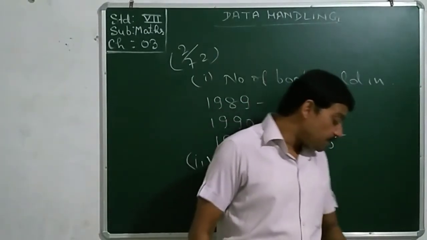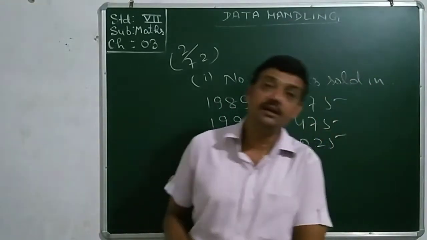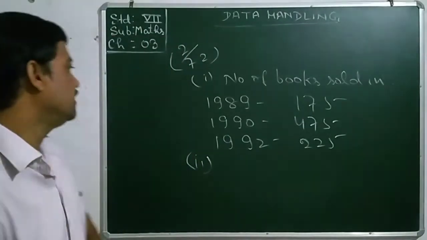You are asked: can you explain how you would estimate the number of books sold in 1989?